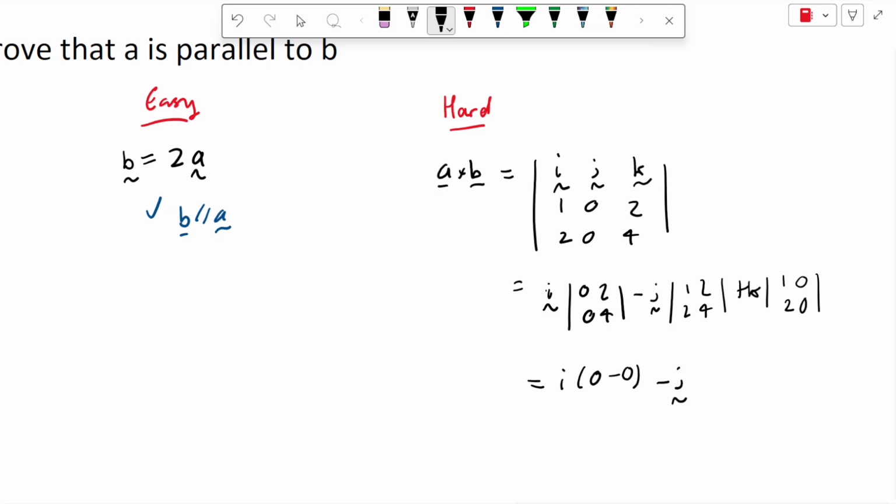Take j lots of 0 times 0, 0 times 4, and 2 times 0. For k it would be 1 times 4 is 4, 2 times 2 is 4, so that's k lots of 4 take 4, which is k lots of 0 take 0. And what do you know? You get 0i plus 0j plus 0k. So the vector itself is 0, 0, 0.